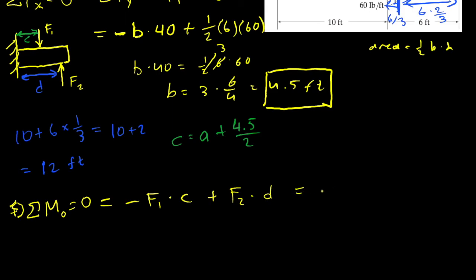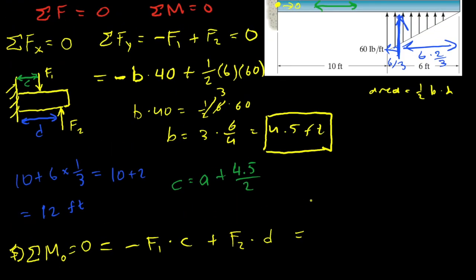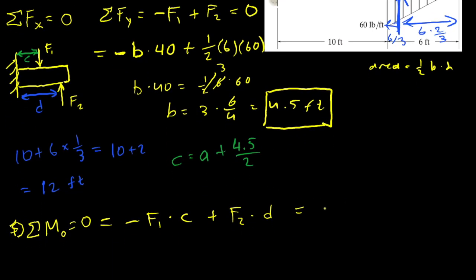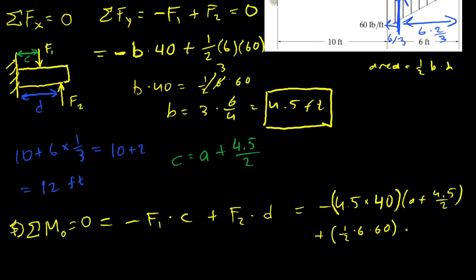Equivalently, what is the magnitude for F1? We calculated that to be B times 40, which is negative 4.5 times 40. So that's our F1, times C, which is A plus 4.5 over 2, plus F2, which is 1/2 times 6 times 60, and we have D, which we calculated to be 12 feet.